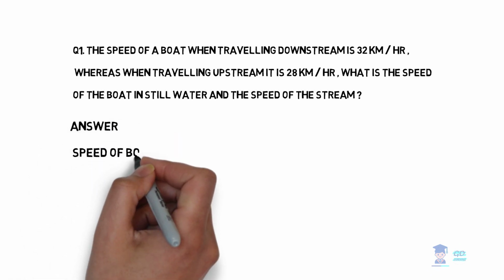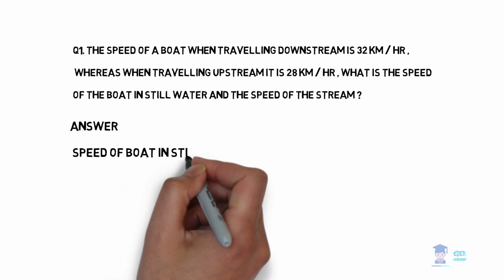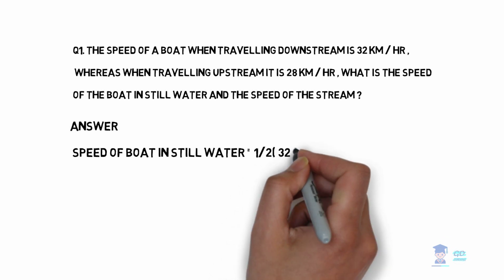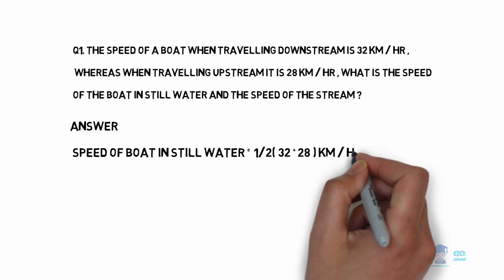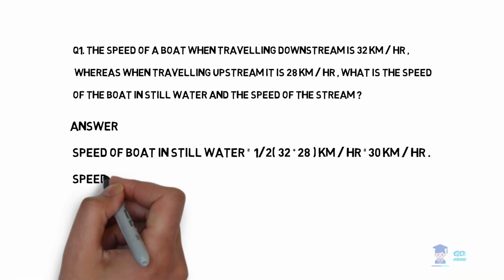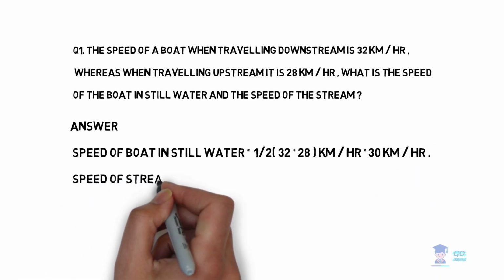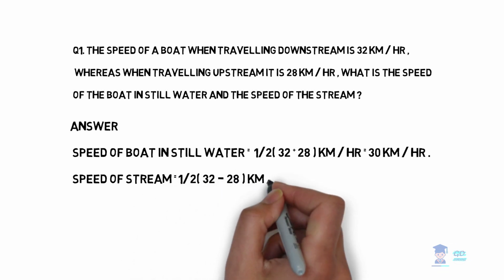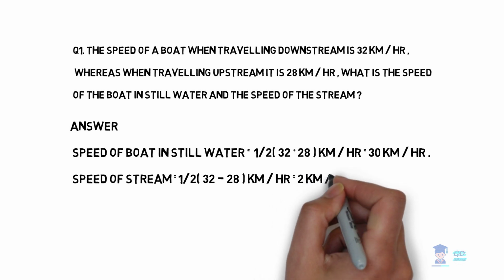Speed of boat in still water is given as half into A plus B. So half into 32 plus 28 and the answer is 30 km per hour. Speed of current or speed of stream is given as half into A minus B, half into 32 minus 28. Answer is 2 km per hour.